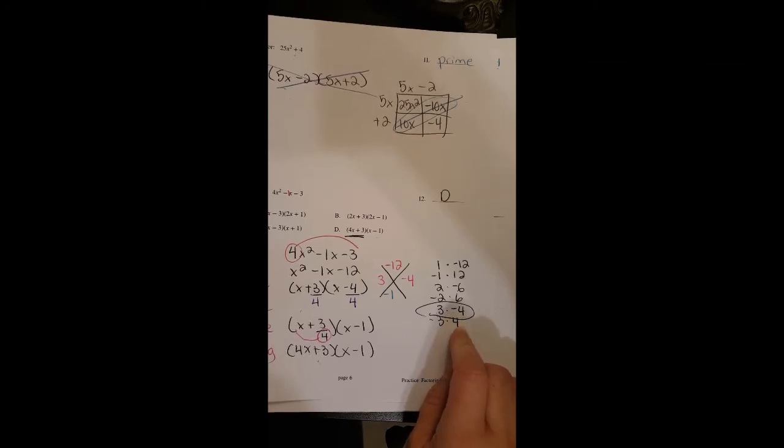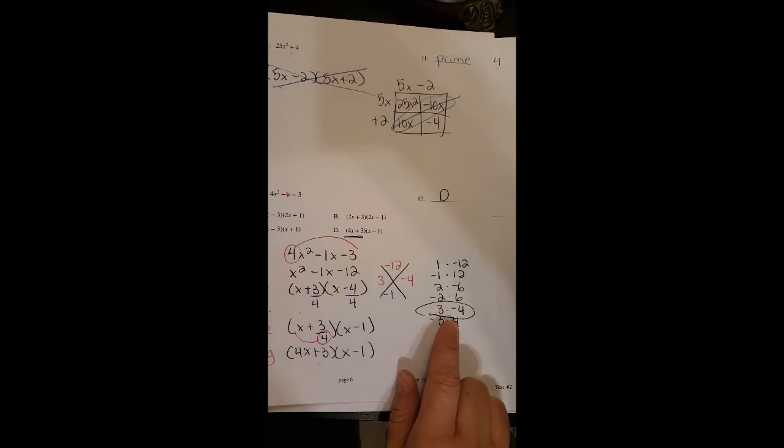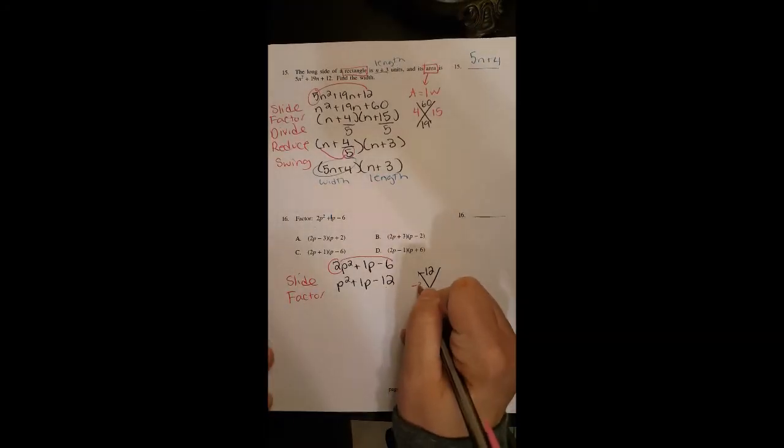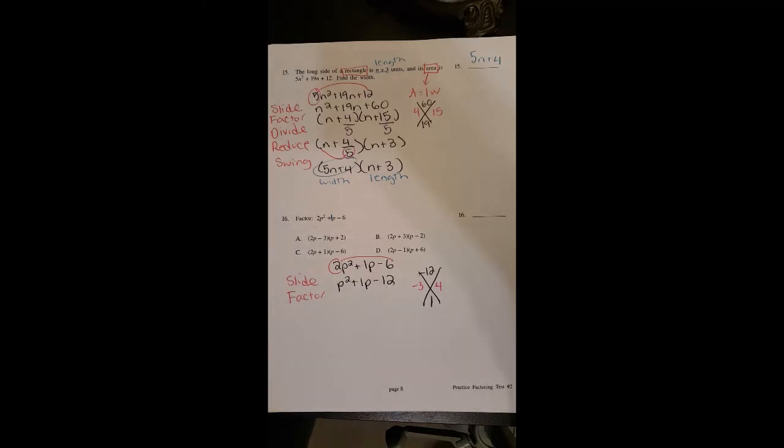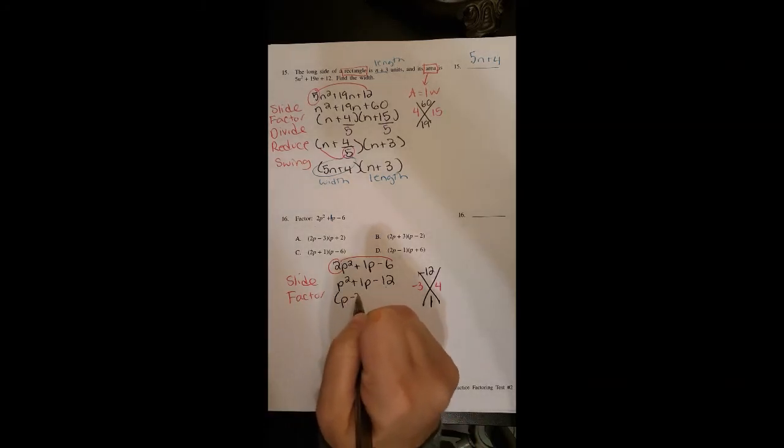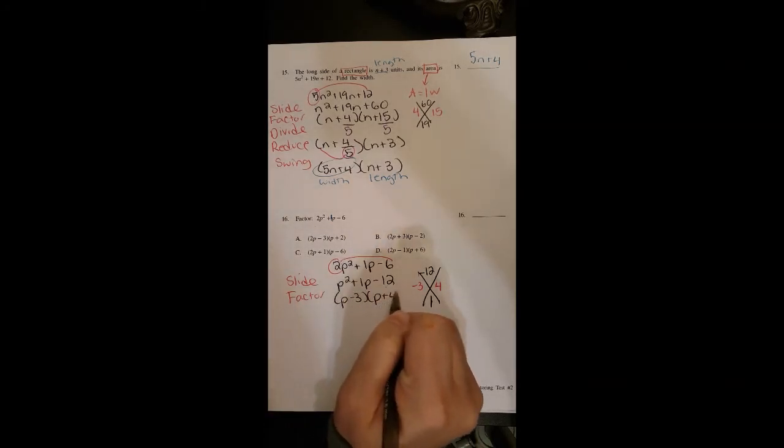Here are factors that give us 12, and they have to add to give us positive 1. Before, we were looking for numbers that give us negative 1, so it was 3 and negative 4. But now we're looking for ones that give us positive 1, so it's negative 3 and positive 4. So it helps to go back to old work as well. So we factor, we have p minus 3 and p plus 4.